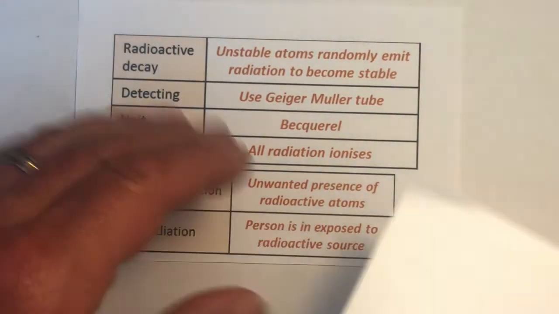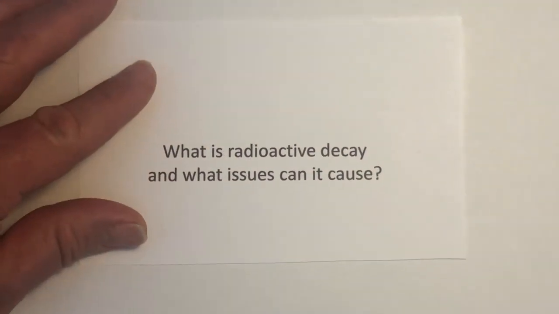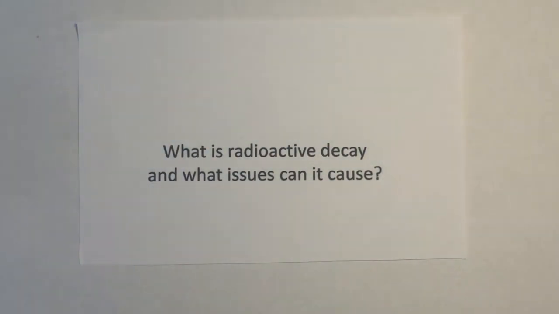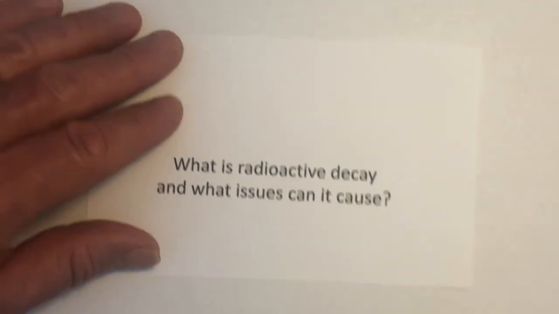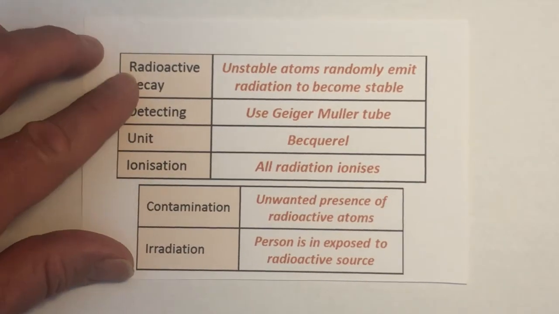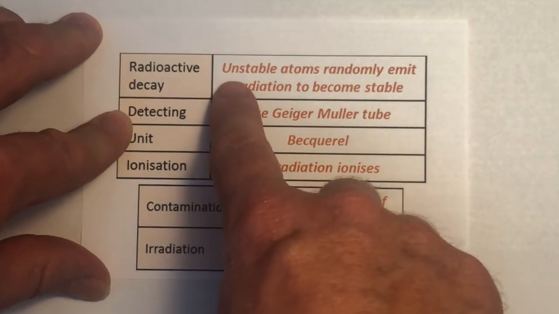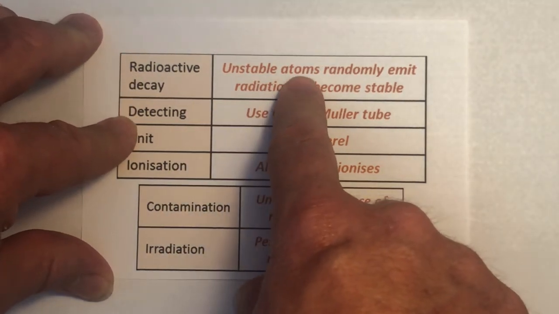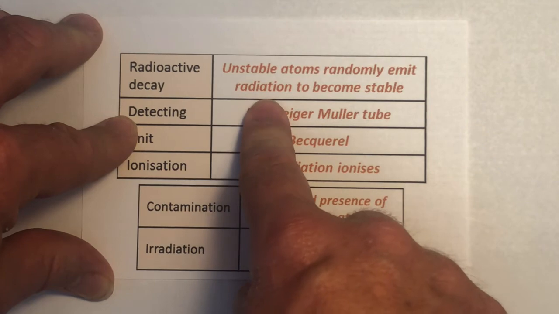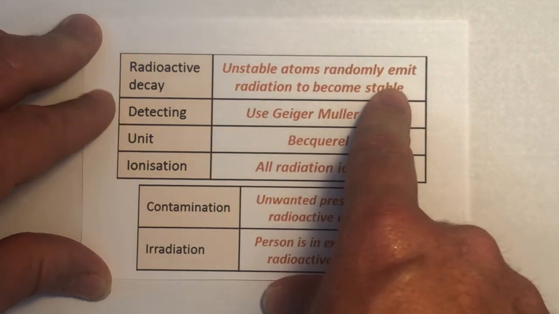Now, back to the question. What is radioactive decay and what issues can it cause? To answer that question, radioactive decay is where there is an unstable atom that randomly emits radiation to become stable.